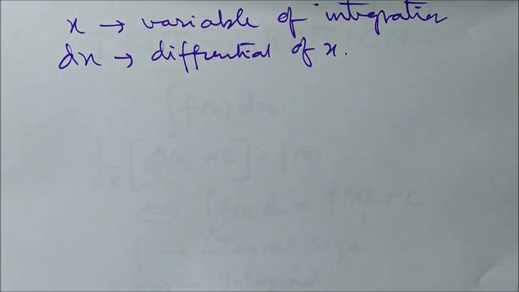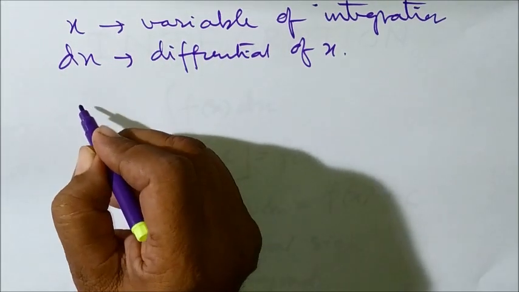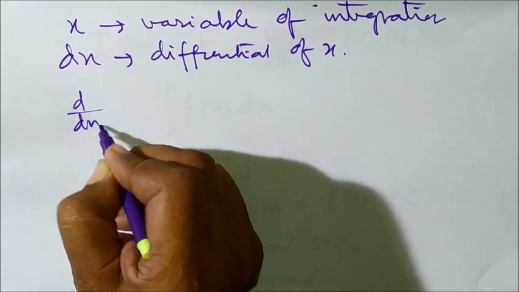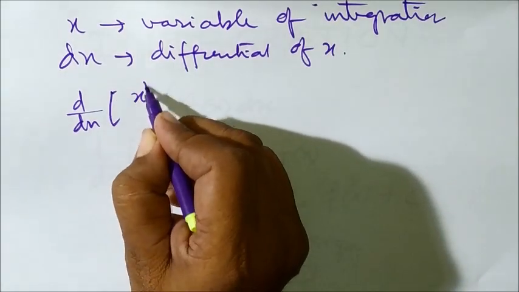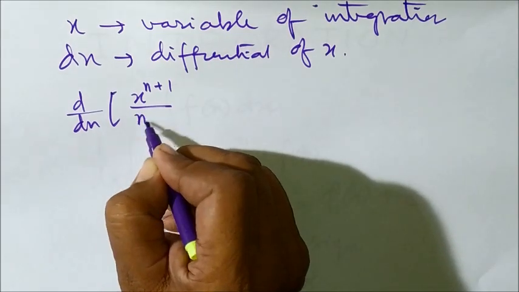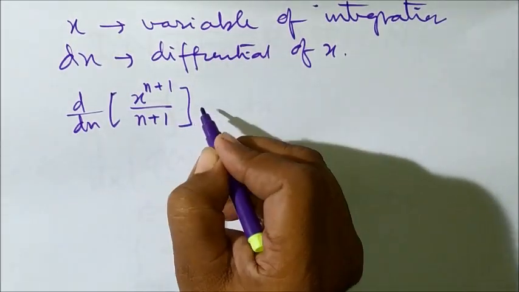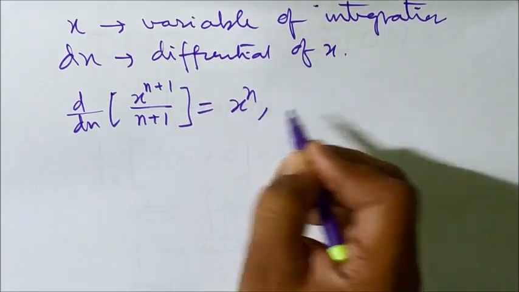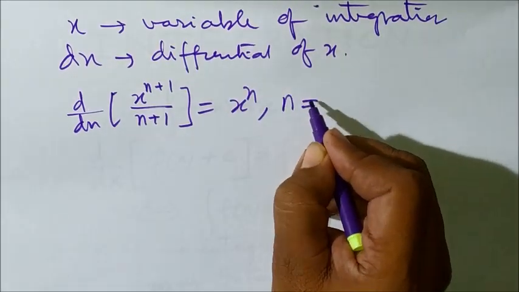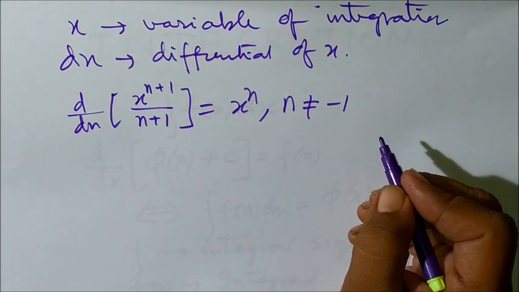Now some formulas are written. As we know, d by dx of x to the power n plus 1 by n plus 1 equals x to the power n, where n is not equal to minus 1.